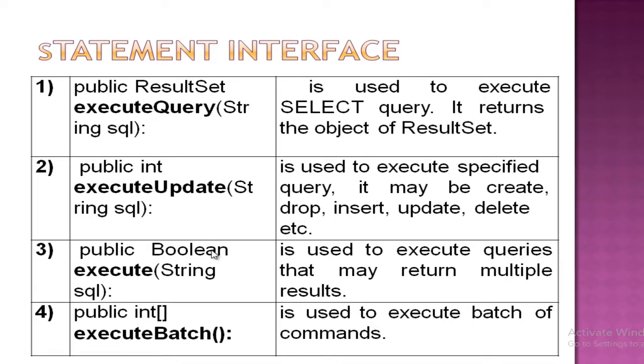Public boolean execute, String SQL, that is used to execute the queries and return multiple results, not a single one. Right? Public int executeBatch. ExecuteBatch means a batch of commands, we can say. Right? So this is about executeBatch.